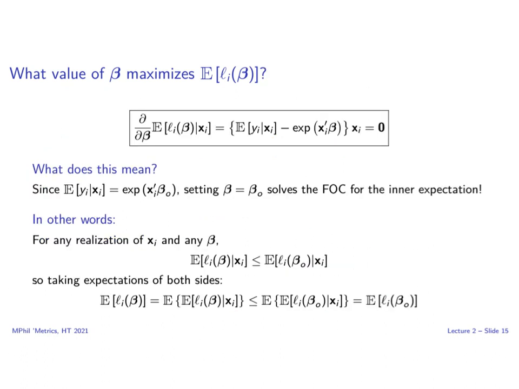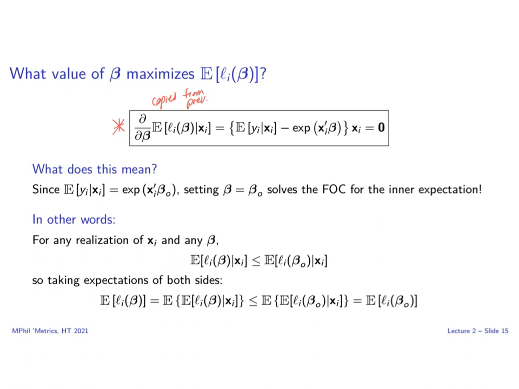At the top of this slide, I have copied the first order condition from the bottom of the last slide so that we can more easily refer to it. So what does this tell us? I maintain that this tells us everything we need to know. Why is that?